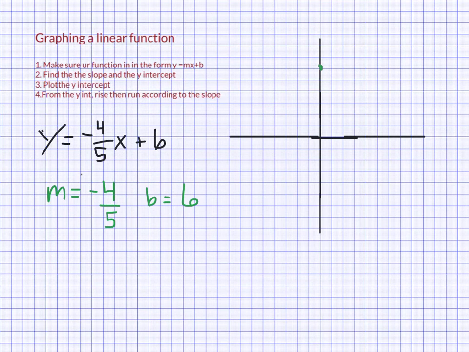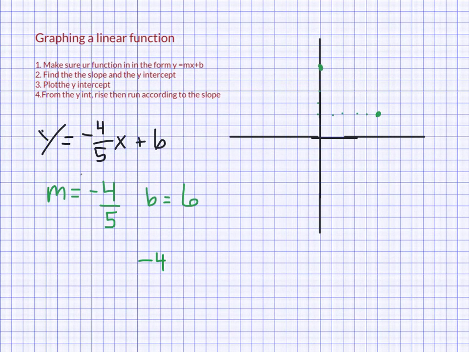I just double checked to make sure that was at 6. And then we're going to apply our slope from that y-intercept. So our rise is -4. That means we're going to go down 1, 2, 3, 4. And then our run is 5. So then we'll go 1, 2, 3, 4, 5.